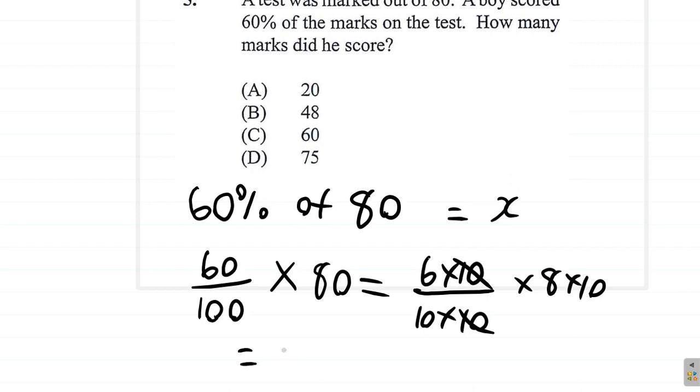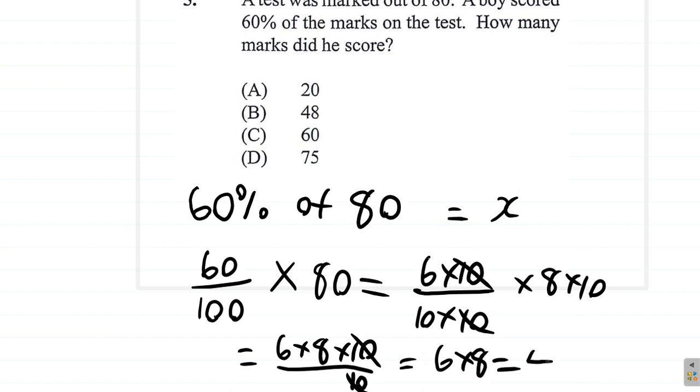This is the same as 6 by 8 by 10 divided by 10. 10 divided by 10 is equal to 1. So it turns out to be 6 by 8, which is 48. So our answer is B.